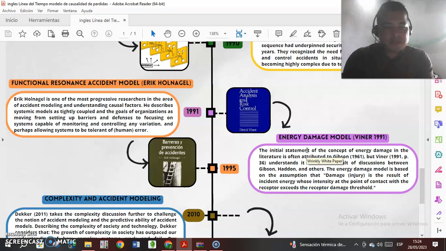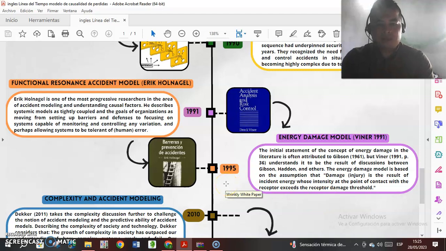The initial statement of the concept of energy damage in the literature is often attributed to Gibson in 1961, but Wiener in 1991 understands it to be the result of discussion based on Gibson, Haddon, and others. The energy damage model is based on the assumption that damage or injury is the result of an incident. Energy was intensity at the point of contact with the receptor, exceeding the receptor damage threshold.